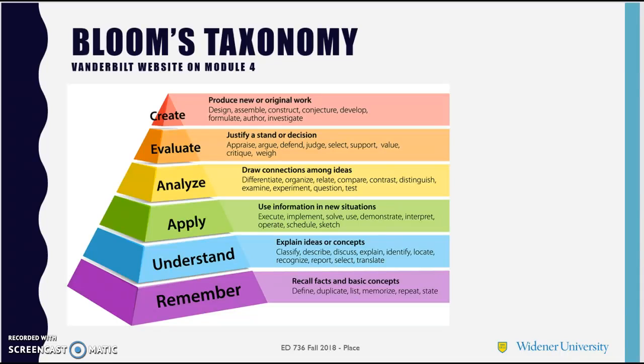So at that very base level, that purple level, students might be asked to remember, to recall basic concepts, and you would use these types of verbs when you're writing the objectives for a course. So say you want someone to be able to define the basic terms in an intro psych course. That would fall under remember.